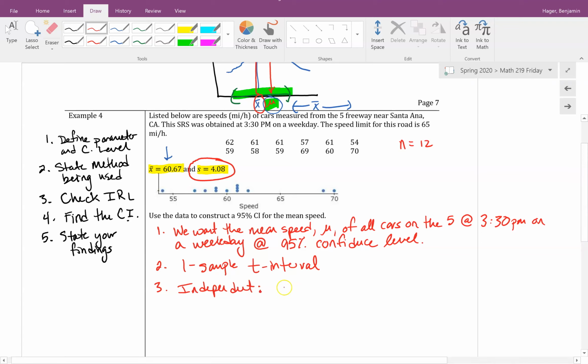So I'm going to say n equals 12 is less than 5% of all cars on the 5 at that time. So we can treat as independent.